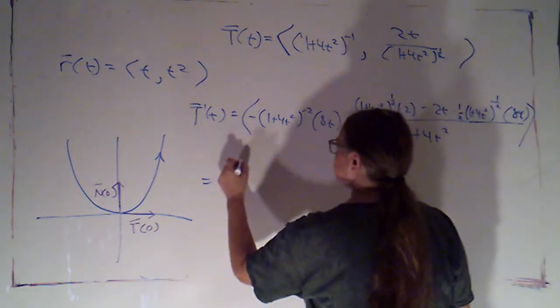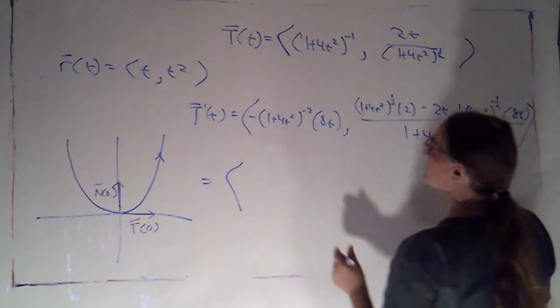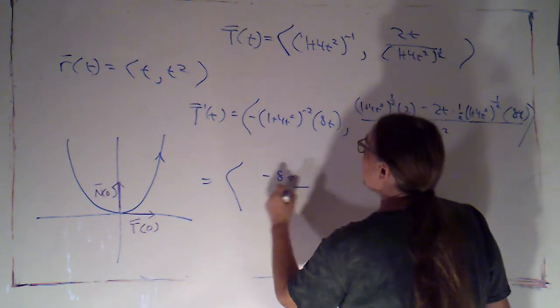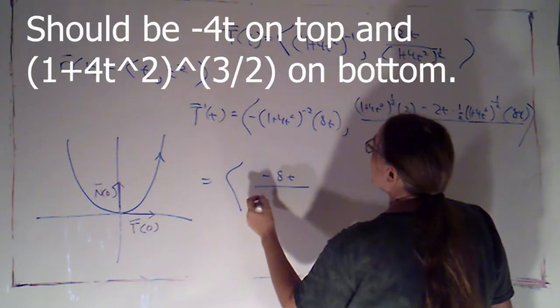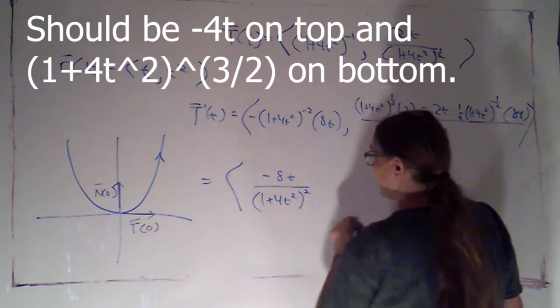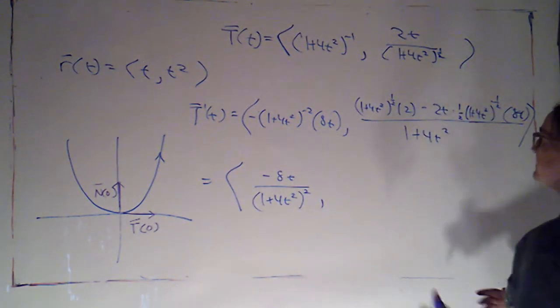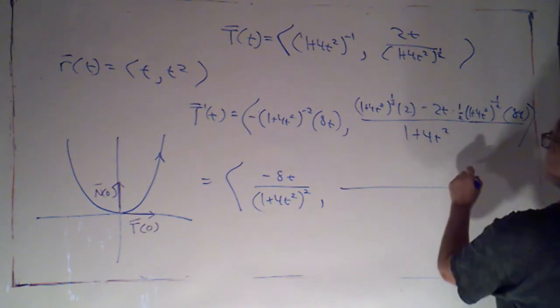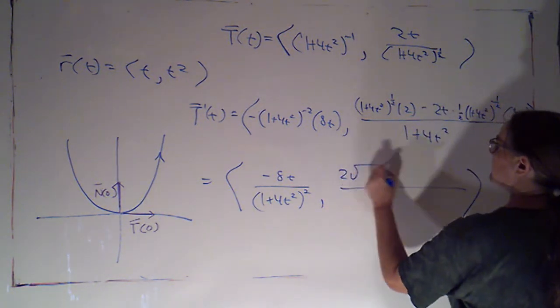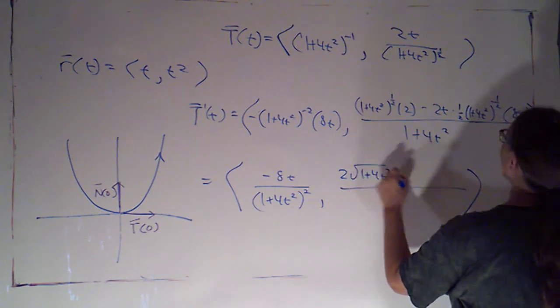So let's get this in a slightly more user-friendly form. Here, I'm going to have negative 8t over 1 plus 4t squared in that first component. Let's simplify our second component a little bit. Let's see, that's 2 times the square root of 1 plus 4t squared.